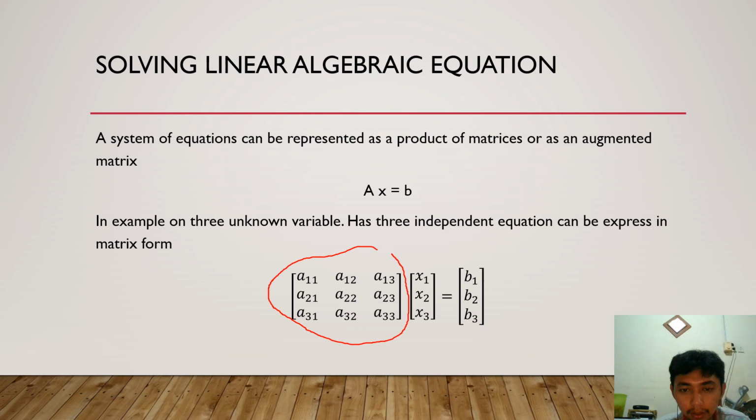This matrix A, a 3 times 3 matrix, contains the coefficient of each unknown variable. x1, x2, and x3 are the unknown or independent variables. b1, b2, and b3 are constants.